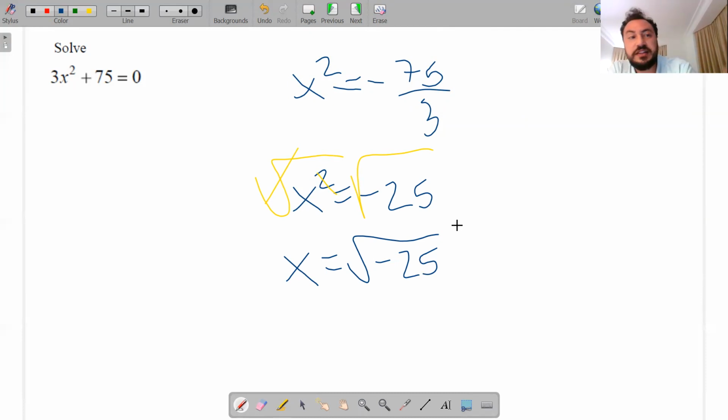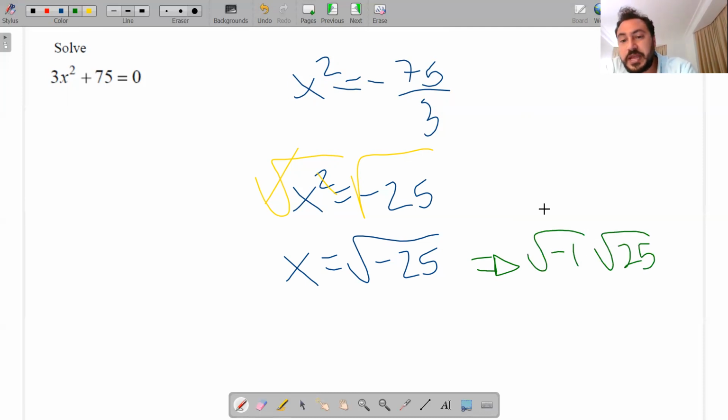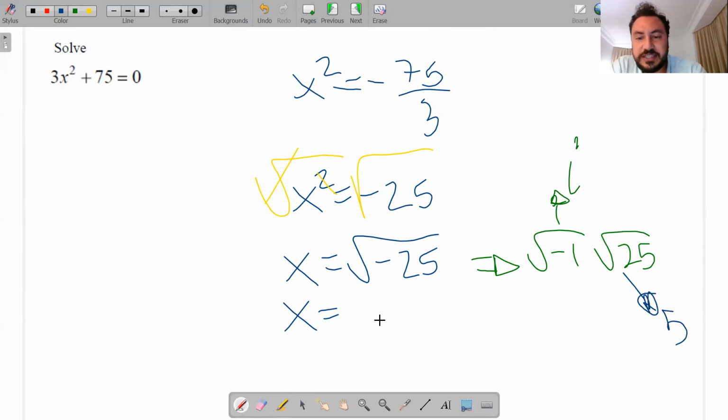But I can rewrite this as square root of negative 1 times square root of 25. This one will become just i. So my final result: the square root of 25 is 5, so x is equal to 5i.